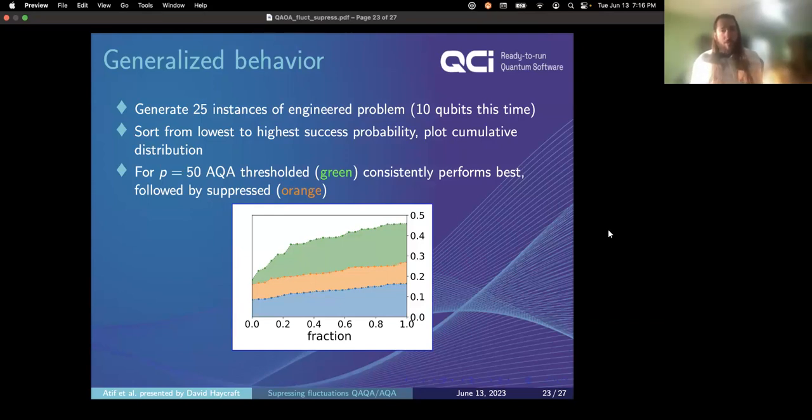We can see that the threshold inversion outperformed at every single point here. So the median performance of the threshold inversion was roughly 40% success probability. And then the median performance for the suppression strategy was roughly 25%. And then the median performance for the unmodified version was around 15%.